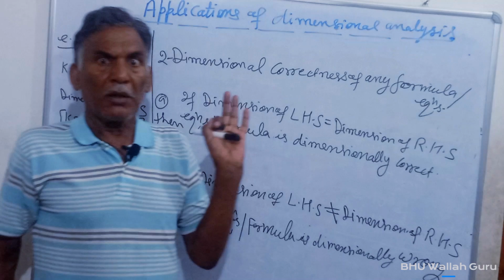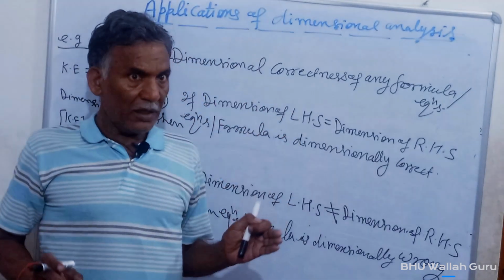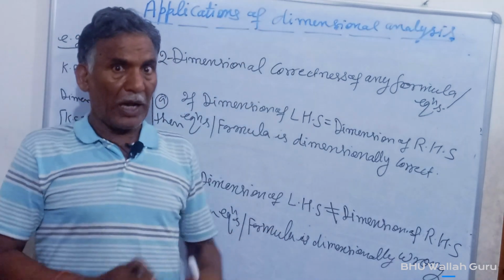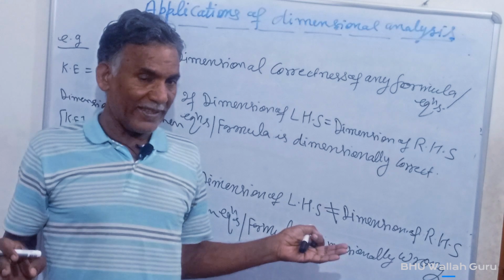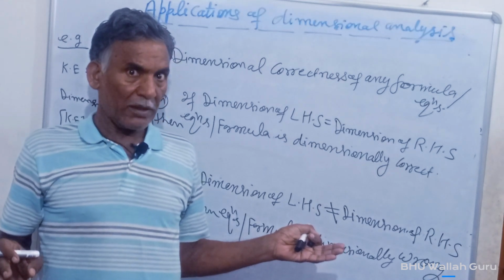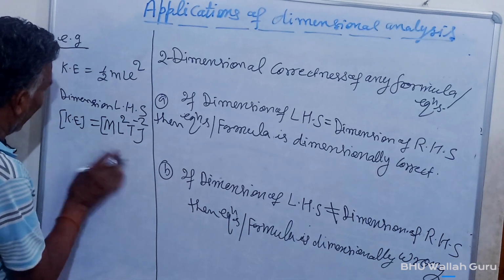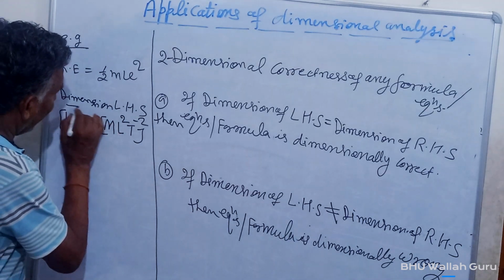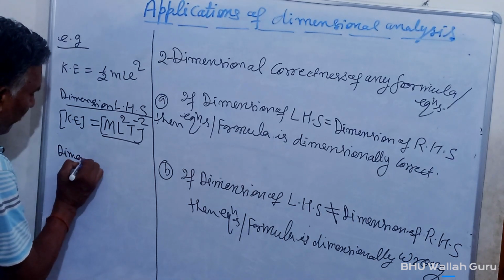As we have already told you, finally we will give a table of quantities having the same dimensions and quantities having no dimensions. Now the dimension of half m v squared is the dimension of LHS, and then the dimension of RHS.